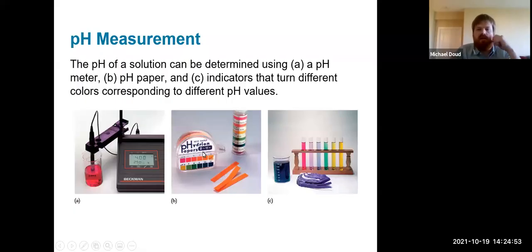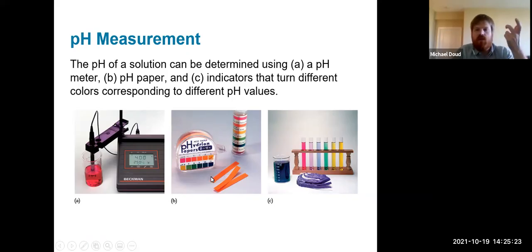So universal indicator is kind of the classic one here, where basically it's a mixture of different indicators that each change color depending on the pH of the solution. And it ranges from a dark red, which is very acidic, to orange, to yellow, yellow-green, which is neutral, and then green, starting to get basic, and then blue, and then very dark blue at the very basic end.